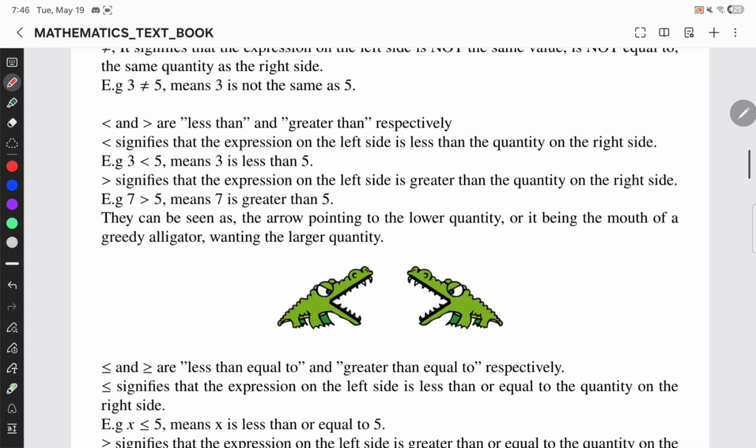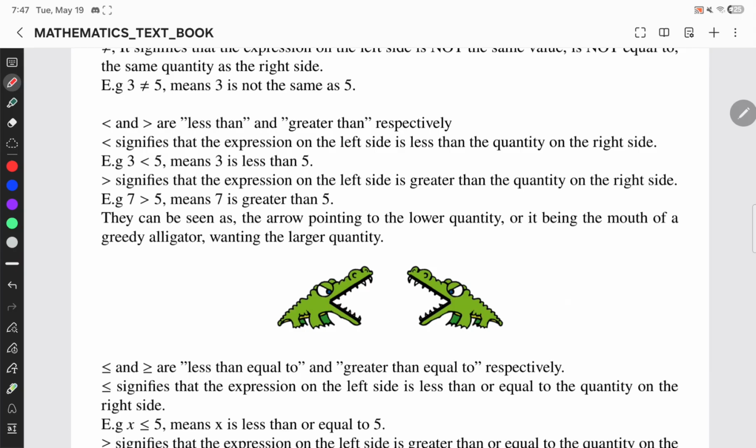Less and greater than. Now on their own you may confuse yourself whether this is less or greater than. Think to know what these symbols represent. Either remember them as the greedy alligators, the greedy gators.